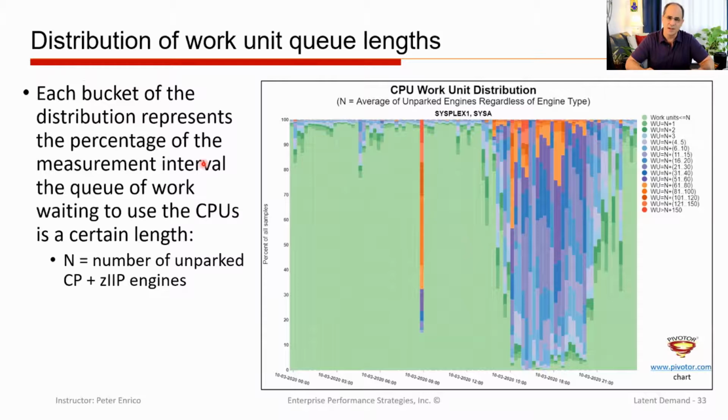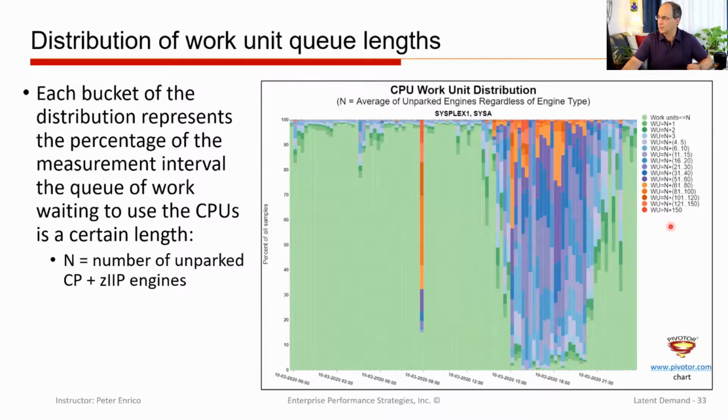Then the other thing we like to look at is, as I said, the data gatherers are going out there every quarter second and sampling the queue length. And what they do is add sample counts to a series of buckets, which I have listed here on the right-hand side. What these buckets represent are queue lengths.